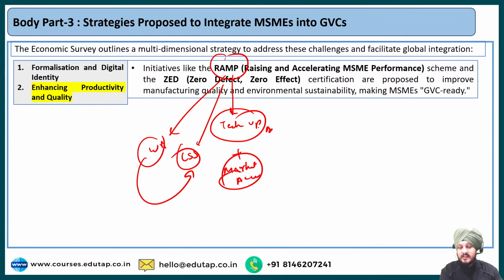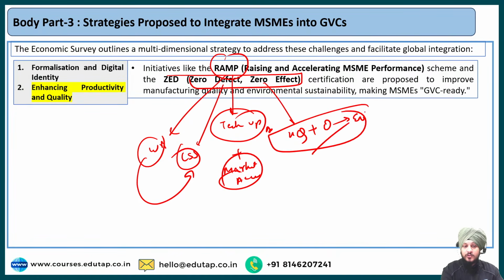So it is saying that initiatives like RAMP and Zero Defect Zero Effect, where zero effect basically means to promote high quality manufacturing products which have zero impact over the environment, right? So that is the main objective behind the Zero Effect initiative, which provides certification to these MSMEs.